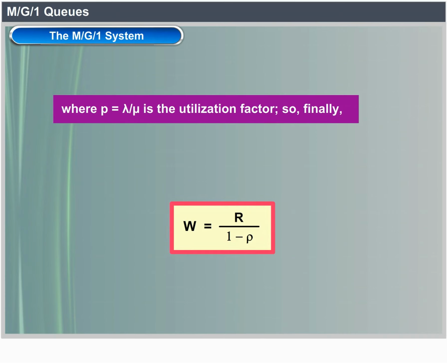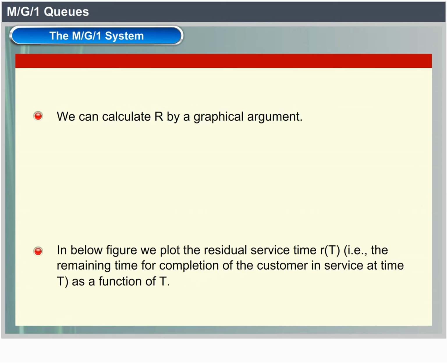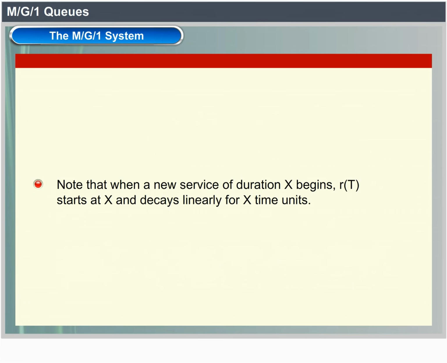We can calculate R by a graphical argument. In the figure below, we plot the residual service time R of t, that is, the remaining time for completion of the customer in service at time t, as a function of t. Note that when a new service of duration x begins, R of t starts at x and decays linearly for x time units.